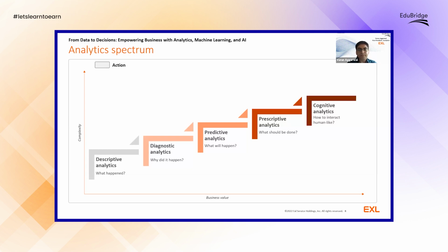So with these points in mind, I would also want to highlight a few things about the action that we need to take for each of these stages. For example, for descriptive analytics, the action for an analyst or someone working on it would be to create reports. But for diagnostic, you would need to find the root cause. As I said, you need to understand what happened and why did it happen. So you need to find the root cause.